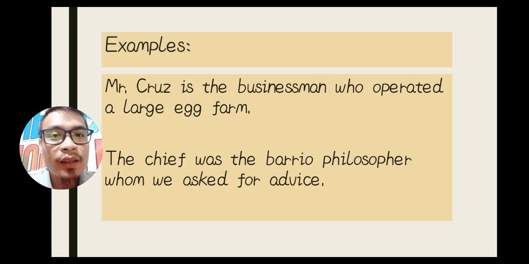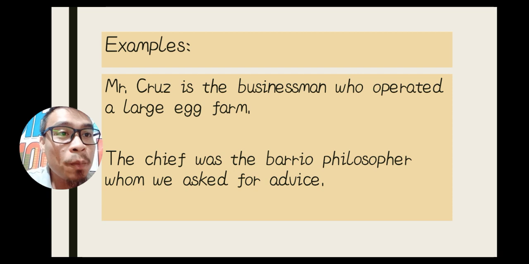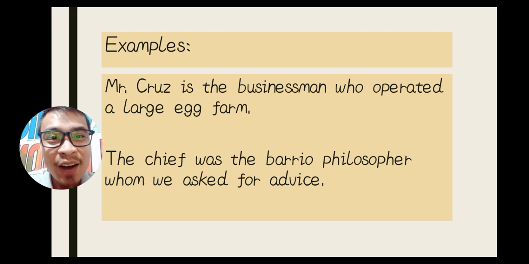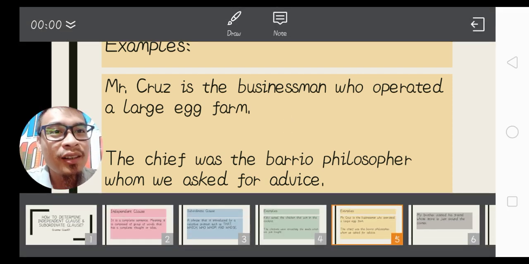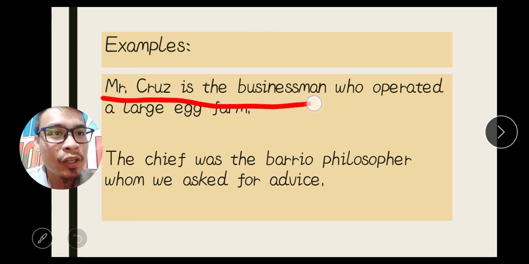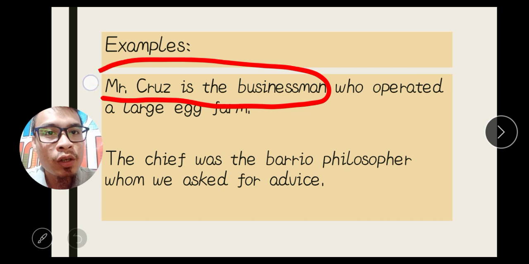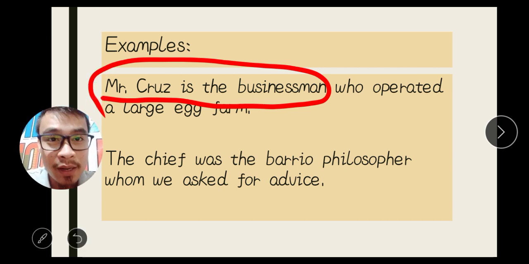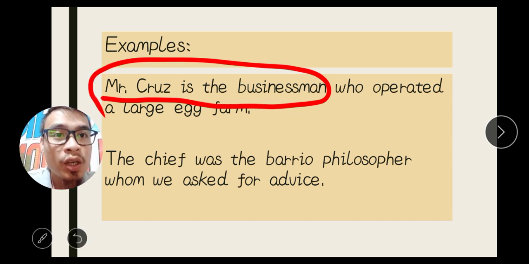Then, next example. Mr. Cruz is the businessman who operated a large egg farm. So I think you now have the idea how to determine the independent and subordinate. So let me answer. The underlined or encircled words or sentence is our independent. Mr. Cruz is the businessman.